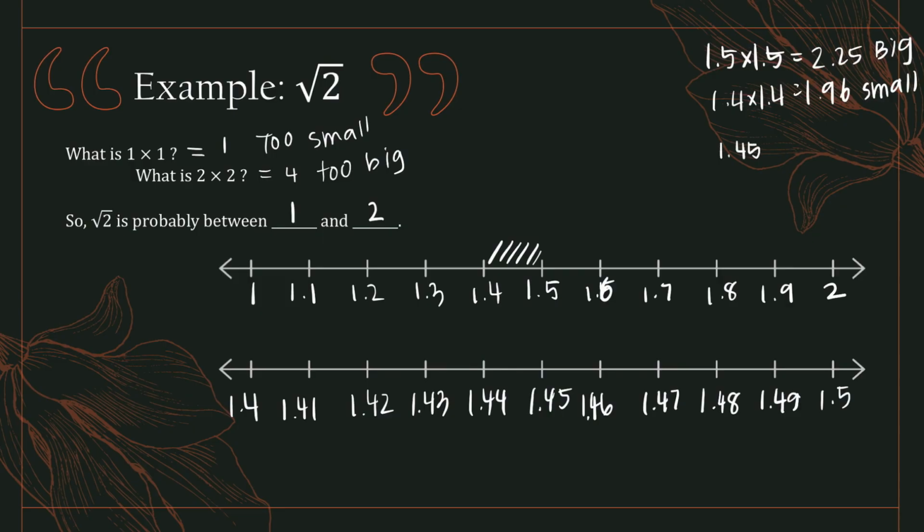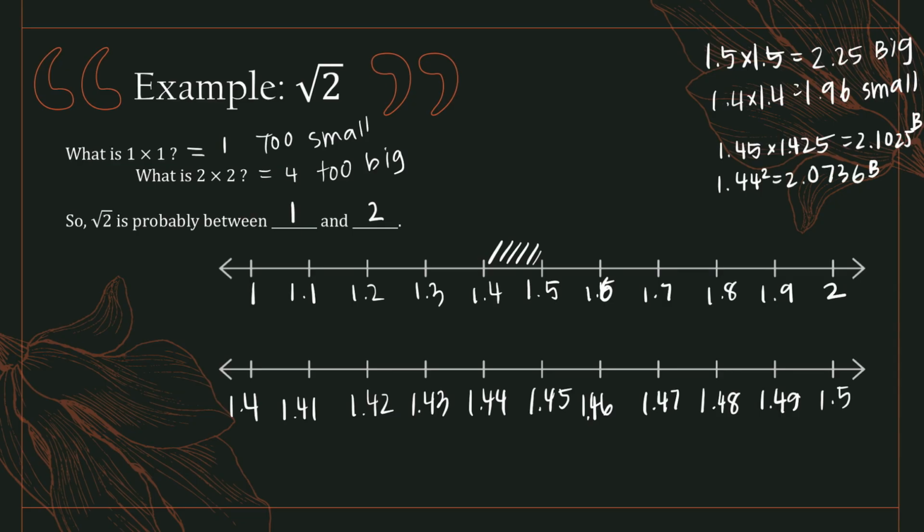So let's try again. 1.45. 1.45 times 1.45 is 2.1025. That's too big. So let's go smaller, 1.44. 1.44 times 1.44, or 1.44 squared, is 2.0736.